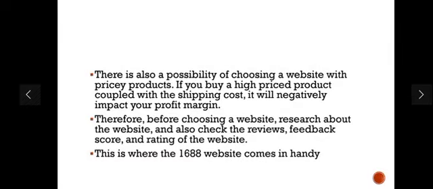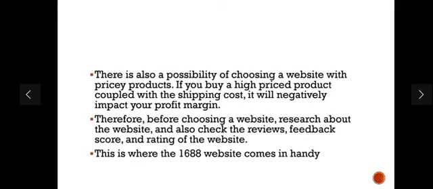Now, there is also a possibility of choosing a website with pricey products, that is, the products are expensive. If you buy high price products coupled with your shipping cost, it will negatively affect your profit margin. That is, if you are buying high, you obviously need to sell high, and if the prices are too high, people will not patronize you.